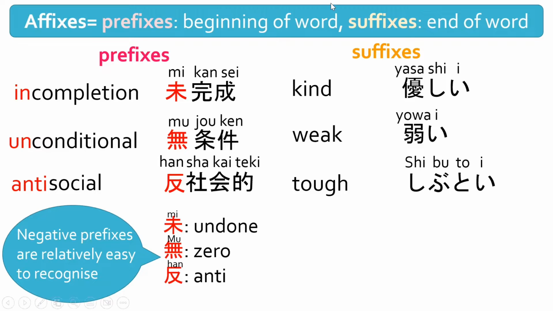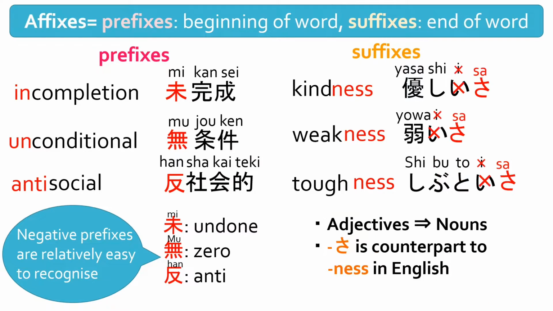Here are adjectives kind, weak, tough, and yasashii, yowai, and shibutoi. And when we place these suffixes, ness in English and sa in Japanese, they can be nouns. In Japanese, most adjectives end with an I sound.